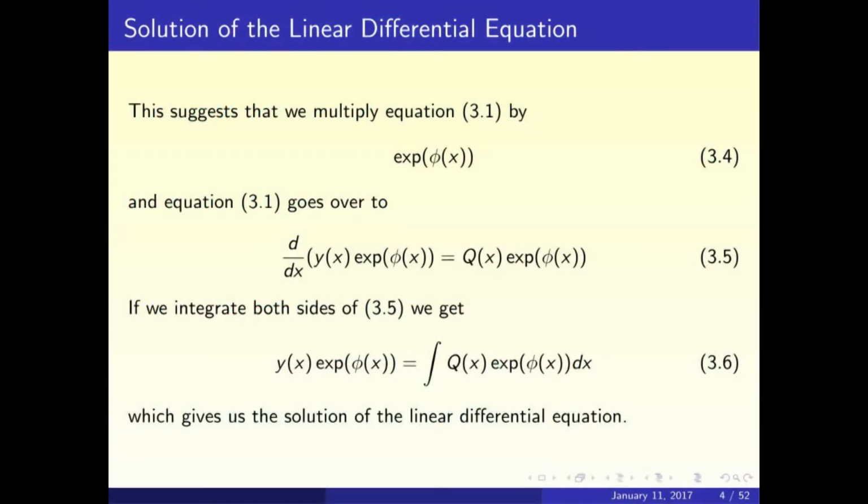So equation 3.5 is obtained from the original differential equation by multiplication through a non-vanishing quantity. So there is no loss of information and no spurious things introduced into our solution process.